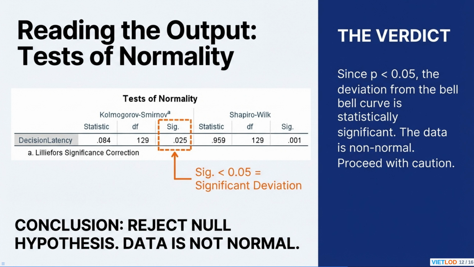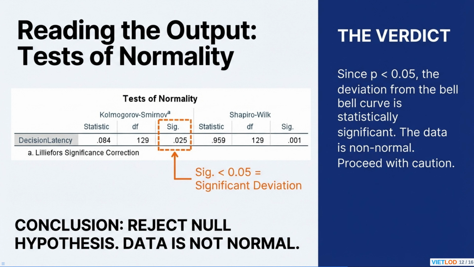After running the analysis, SPSS presents the Tests of Normality table. Given our sample size of 129 observations for decision latency, we primarily focus on the Kolmogorov-Smirnov test results. Looking at the Kolmogorov-Smirnov row, we find the significance level, or p-value, is 0.025. This value is critically important.